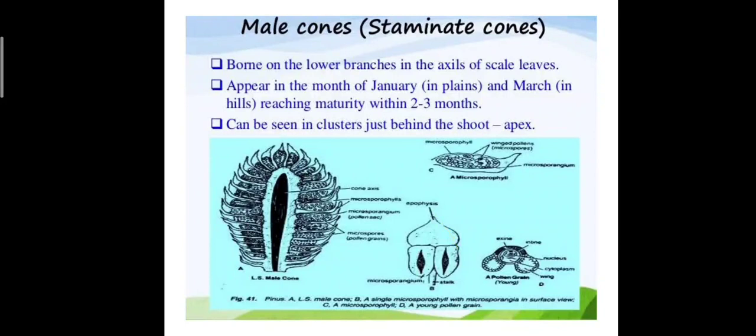Each of these microspores or pollen grains is uninucleate and haploid. It has a thick spore wall with 2 layers: the outer one is called exine and the inner one is the intine. So this is all about the male cone and microspore.